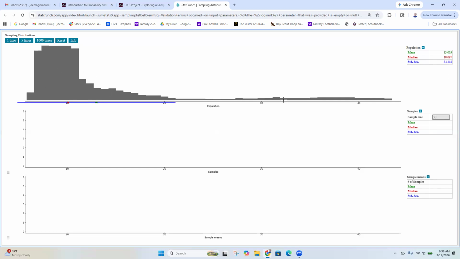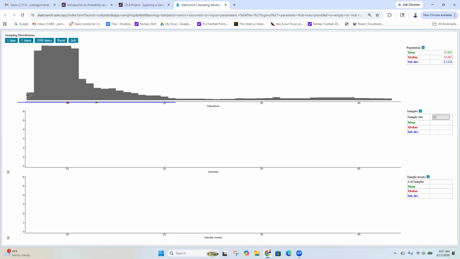So there is my population. This population is non-normal. It's not symmetric. It is skewed right. This could represent average annual income or the prices of houses, where most people are down here in this area.